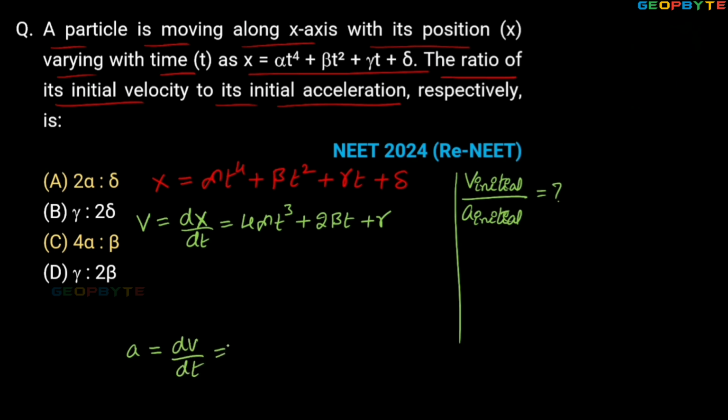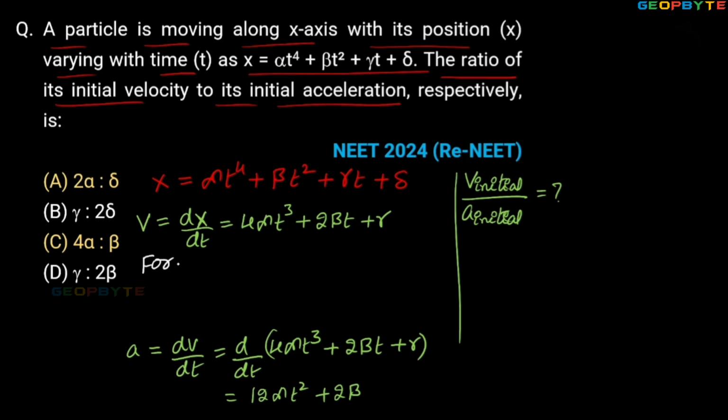So dv by dt is equal to d by dt of 4 alpha t cube plus 2 beta t plus gamma. Simplify this value. It is equal to 12 alpha t square plus 2 beta, plus differentiation of constant is 0.